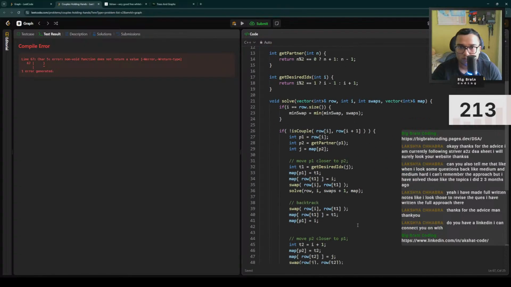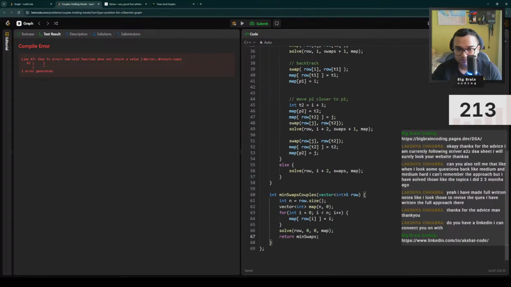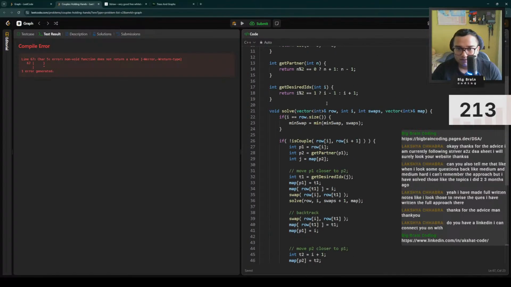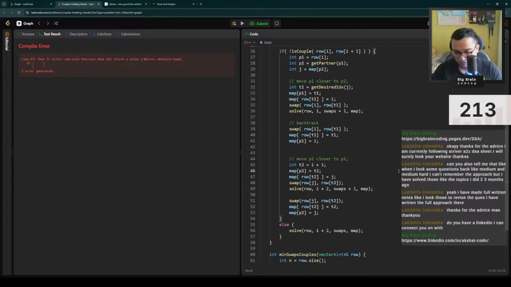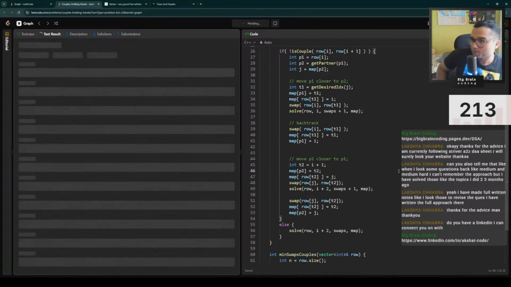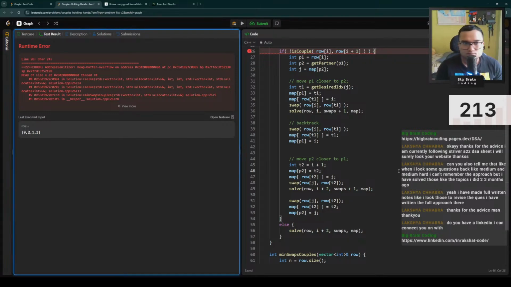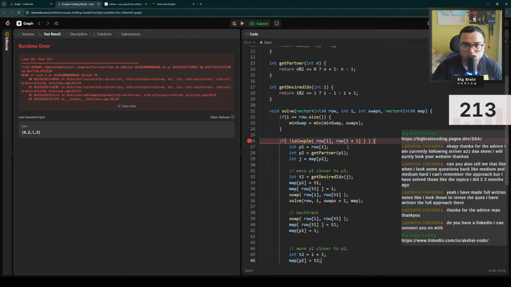Min swap, singular. Min swap equals minimum. Nice, let's run this. Okay, is couple row I plus 1? Interesting.